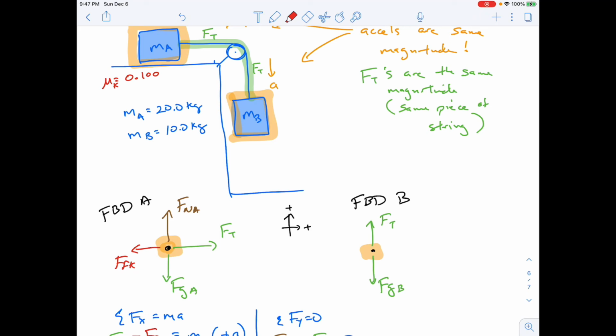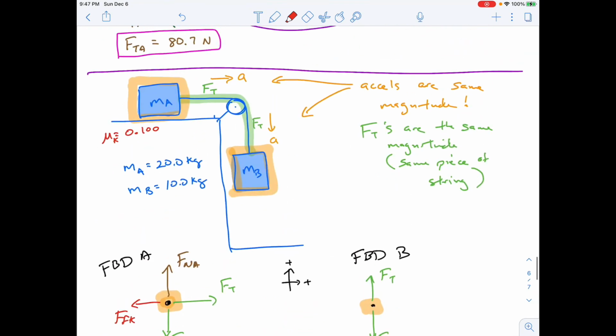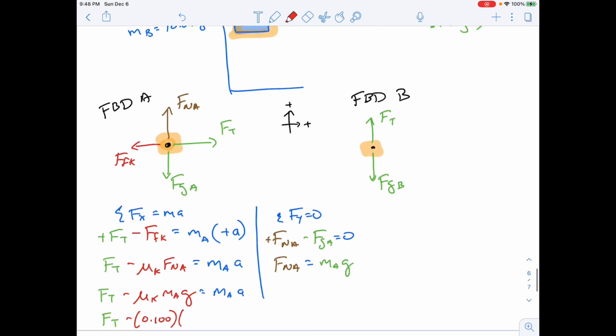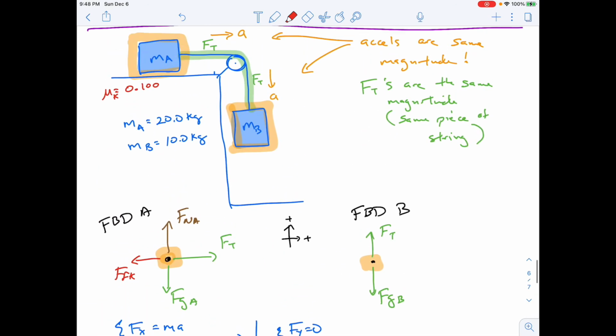Obviously, if it is the heavier mass, it's more likely to move, but this could be the lighter mass, and it will still very easily move, depending upon how much friction you have going on. So keep that in mind. And again, we went over that with the concept sheet.